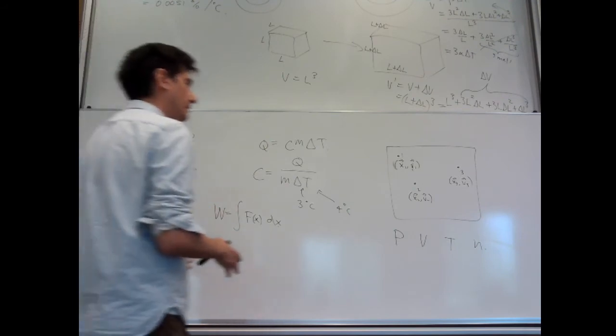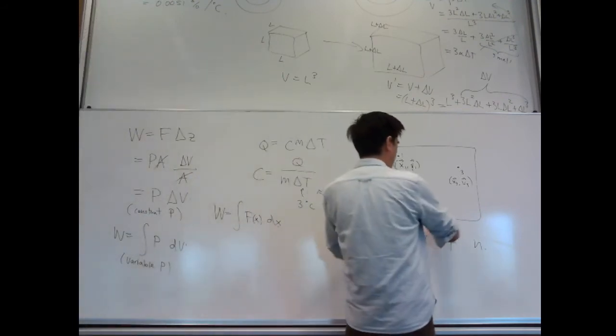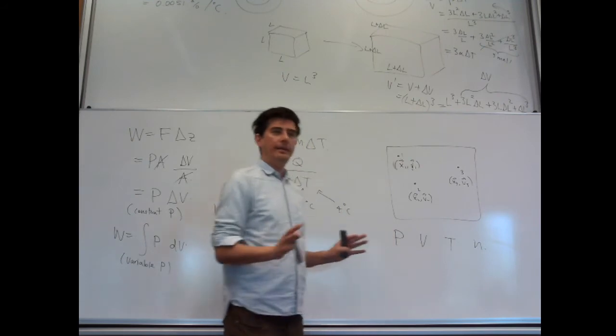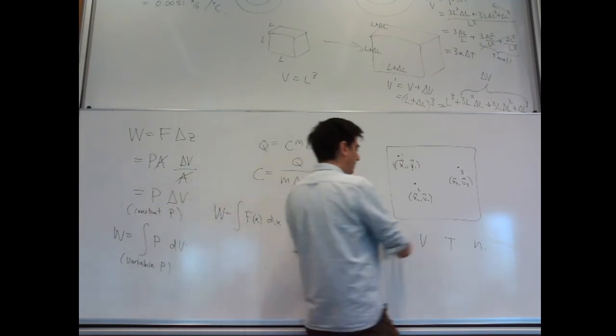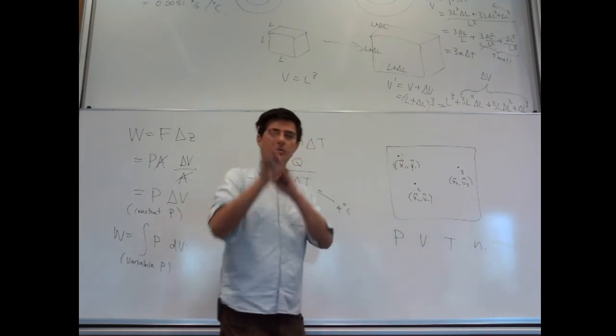So you might think that, okay, fine, if we're going to characterize by these four variables, then maybe we need a graph in four-dimensional space, right?